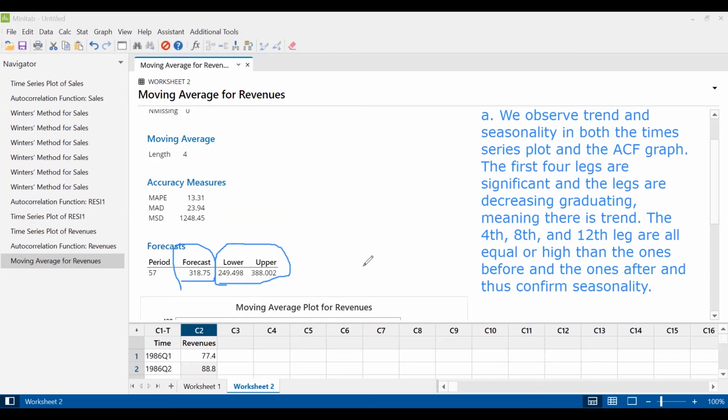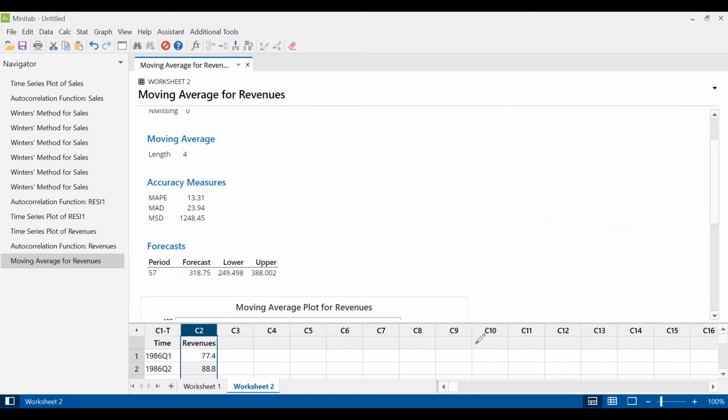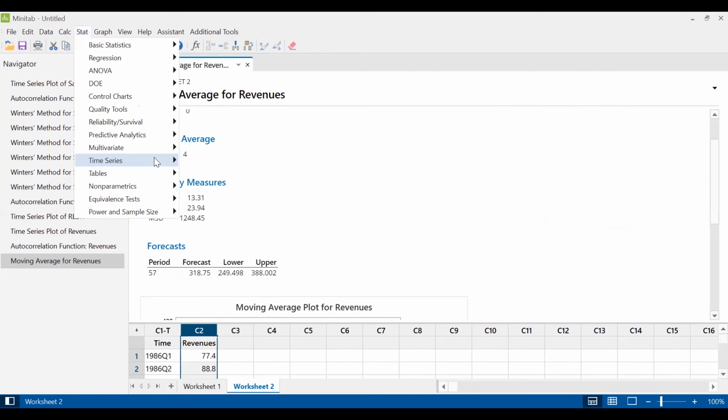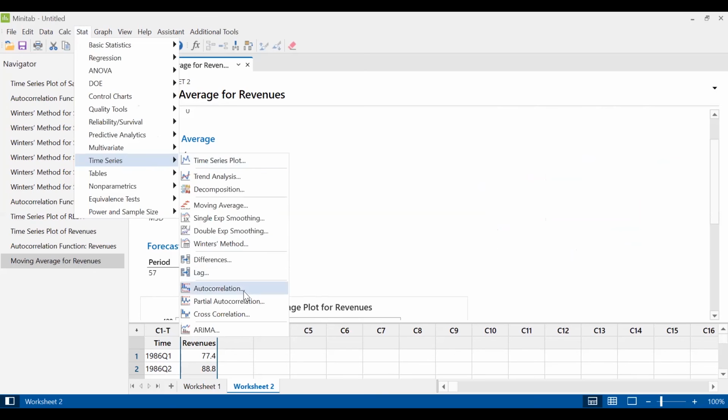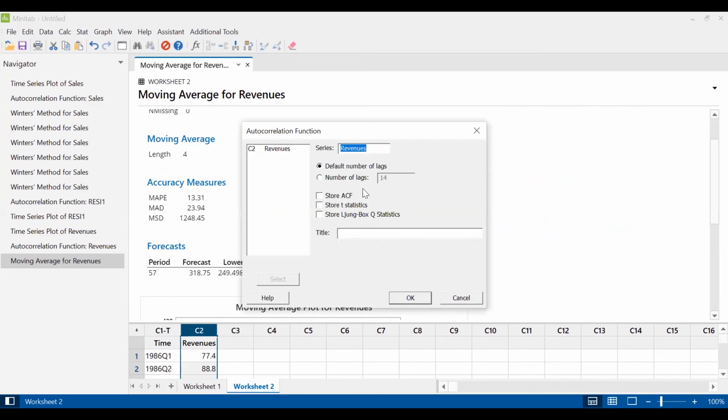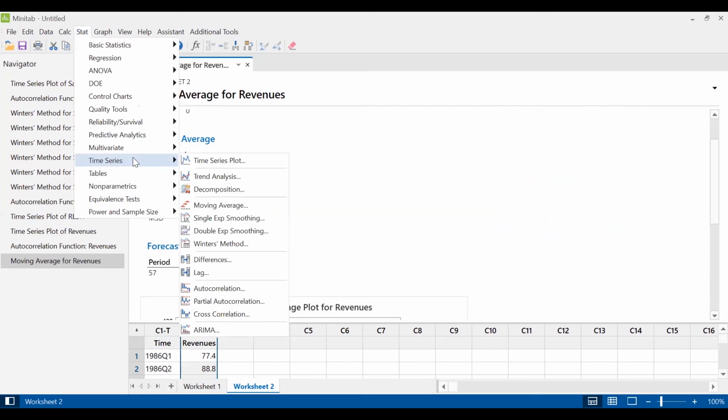Part C, we want to use a smoothing method to do the forecast. Since we've identified there's trend and seasonality, we're gonna use the Winters method. So let's do that. Go back to Stat, Time Series, revenue, and pick the Winters method.